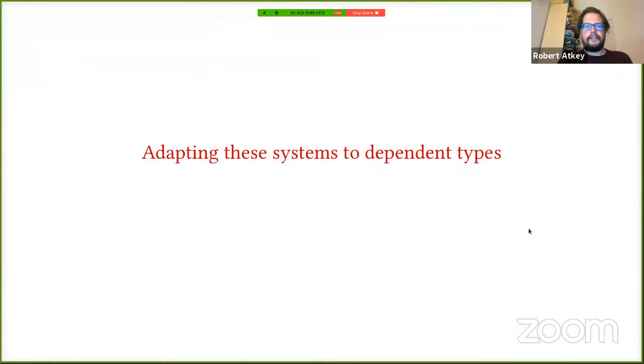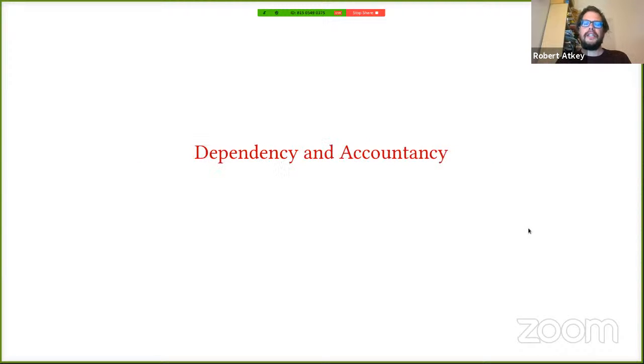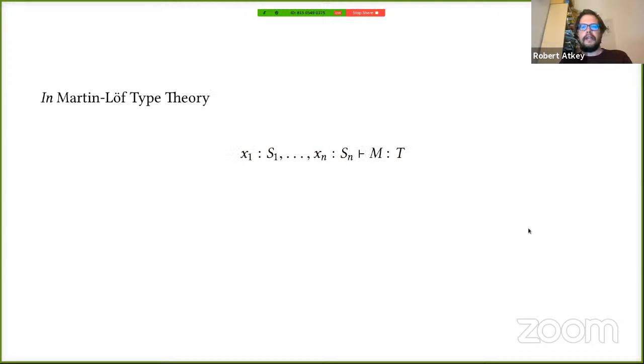So now, second part of the talk, I'm going to talk about how to adapt these systems to dependent types. And the real challenge here is how to mix dependency with accountancy. So accountancy being how we account for how many times things are used. So remember that in all of these systems I've talked about, linearity of the typing is pretty much essential. So how do we do this?